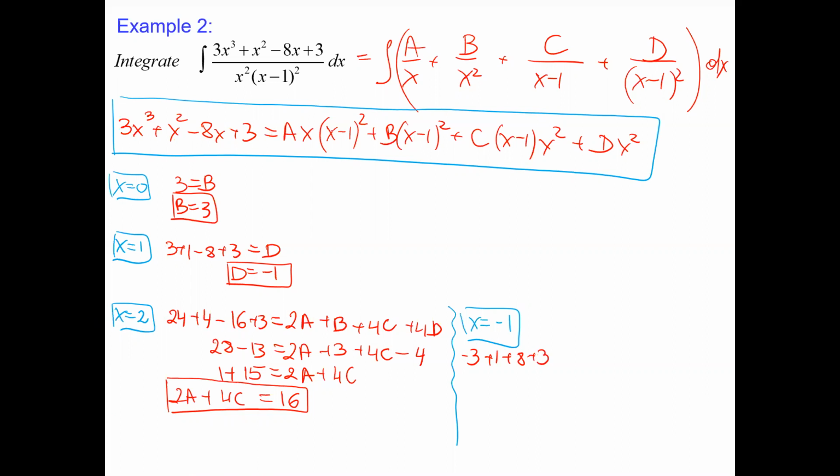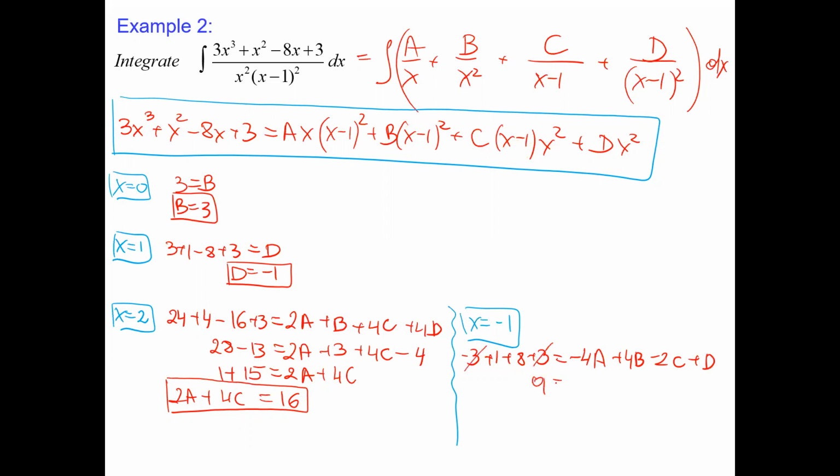And negative 1 will give me negative 4a, negative 2 squared is positive 4b, negative 1 will be negative 2c, and negative 1 will be positive d.